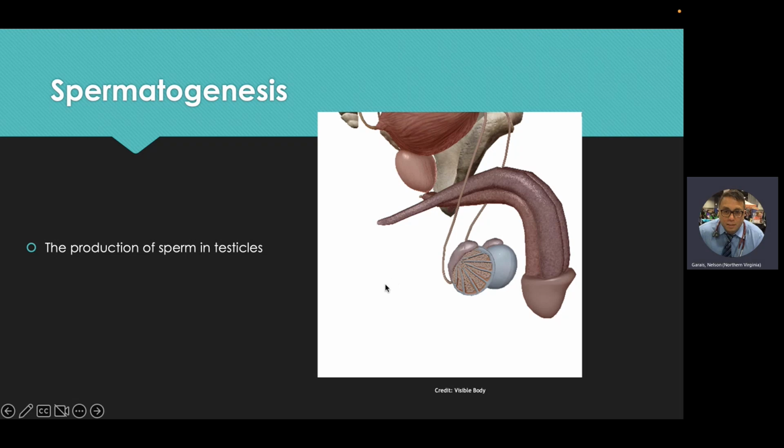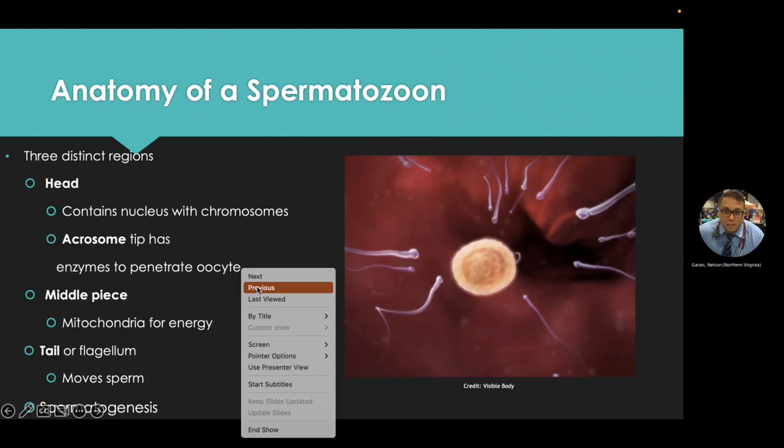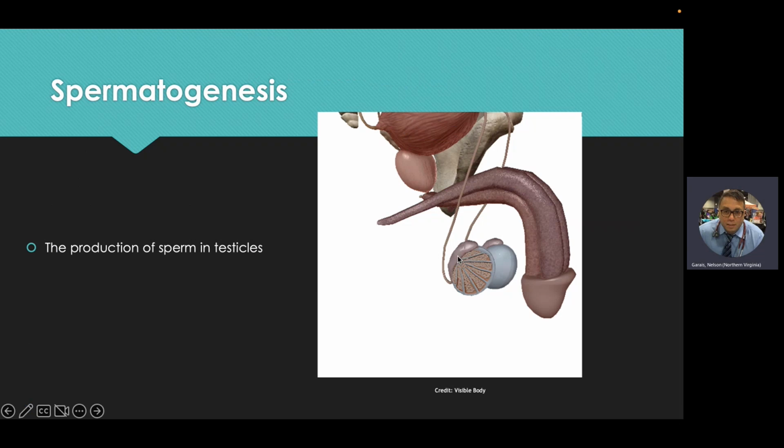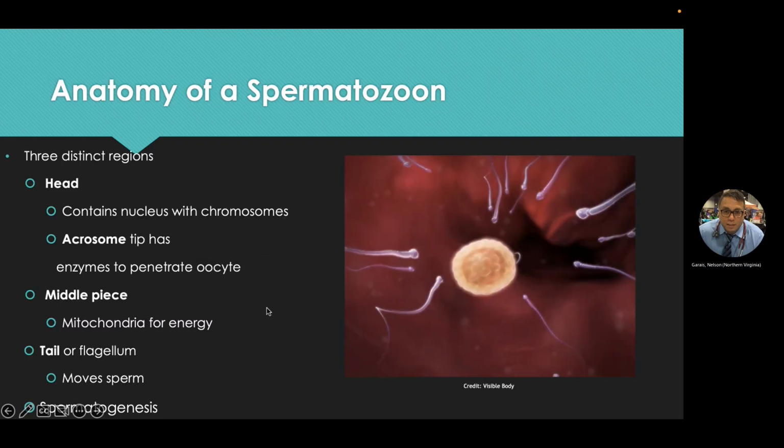After they leave, the now mature sperm from the epididymis go to these two tubes here. There's one here, another here, and that is your ductus deferens, also known as your vas deferens, and that's the tube that gets cut in the procedure called the vasectomy. Head, middle piece, tail, we already talked about.